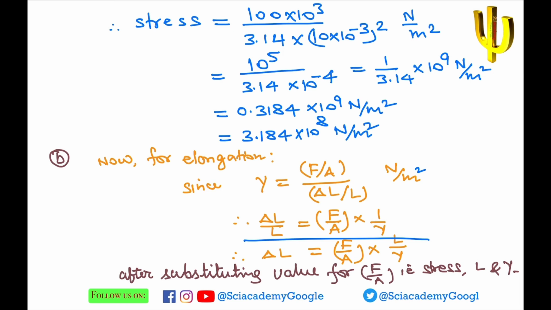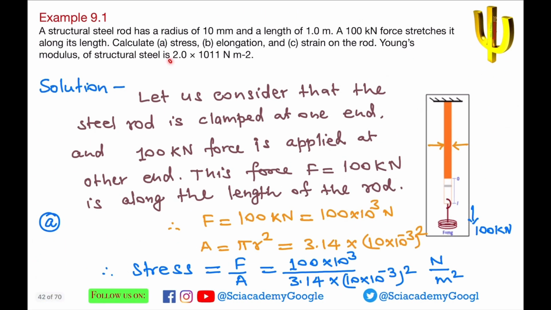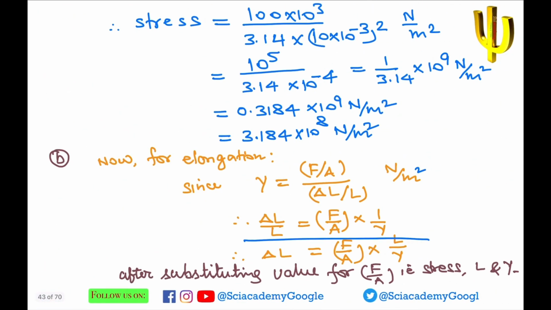After this, we will substitute the value for F by A and the length of the steel rod, and Young's modulus is already given. Here Young's modulus is given for the structural steel, that is 2 into 10 to the power 11 Newton per meter square.